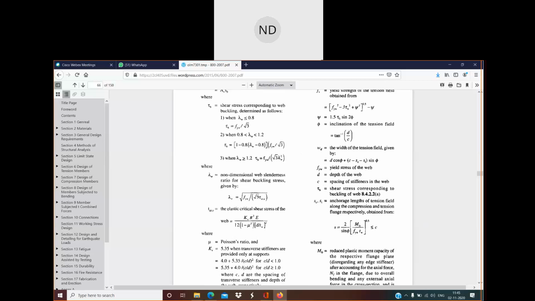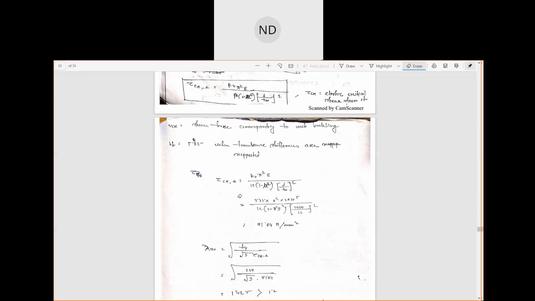First of all, we are going to find the value of τcr. So τcr, the critical one, was Kv π² / (12(1 − μ²)) into (d/tw)². Kv is how much? 5.35, right?